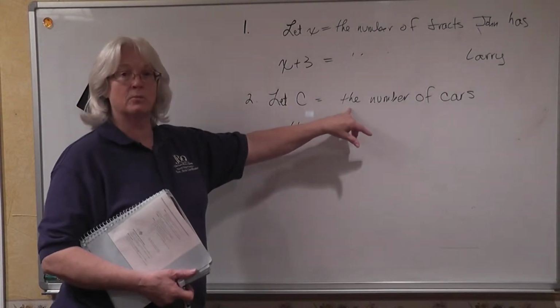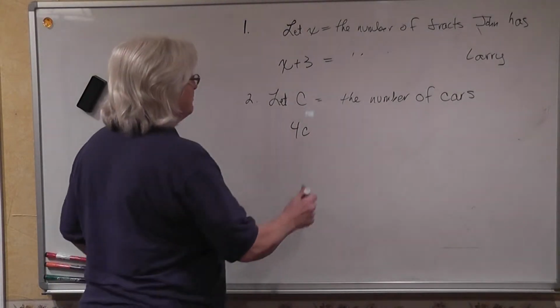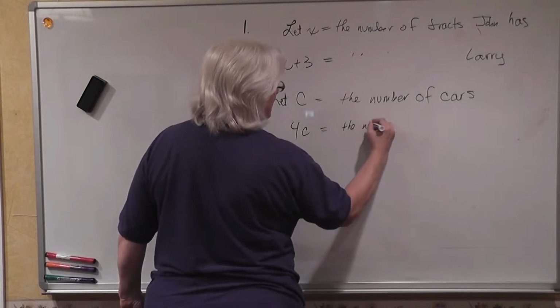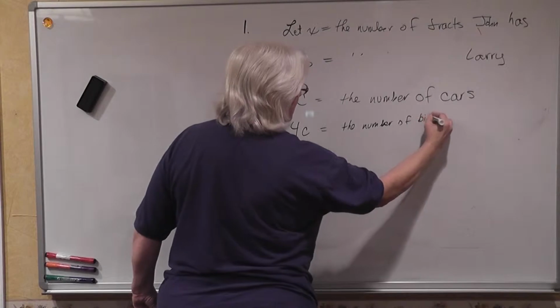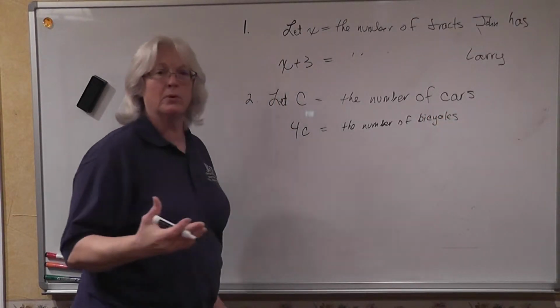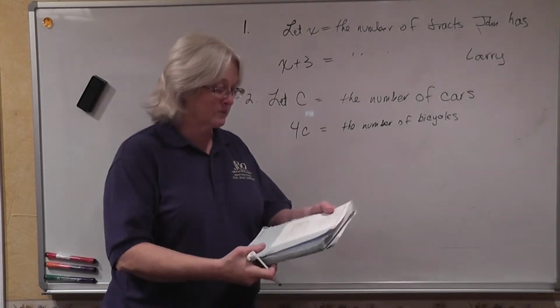So if C is the number of cars, then 4C, or 4 times the number of cars, is going to be the number of bicycles. And all they're wanting you to do is to get comfortable with using variables to describe what you're looking for.